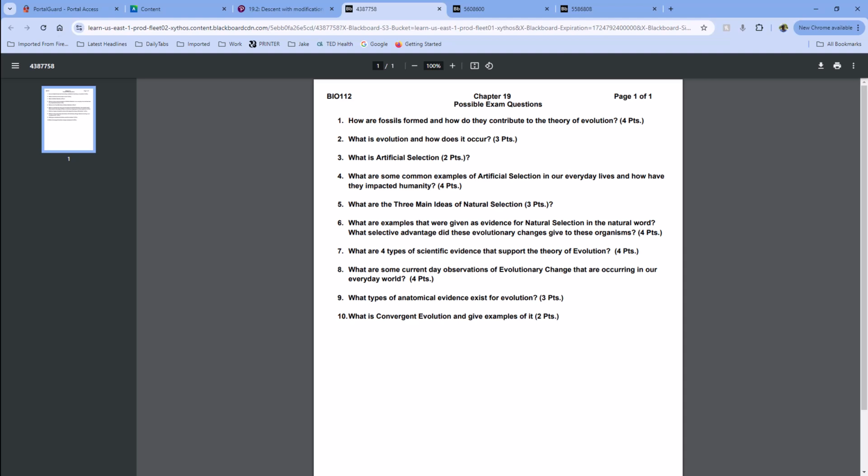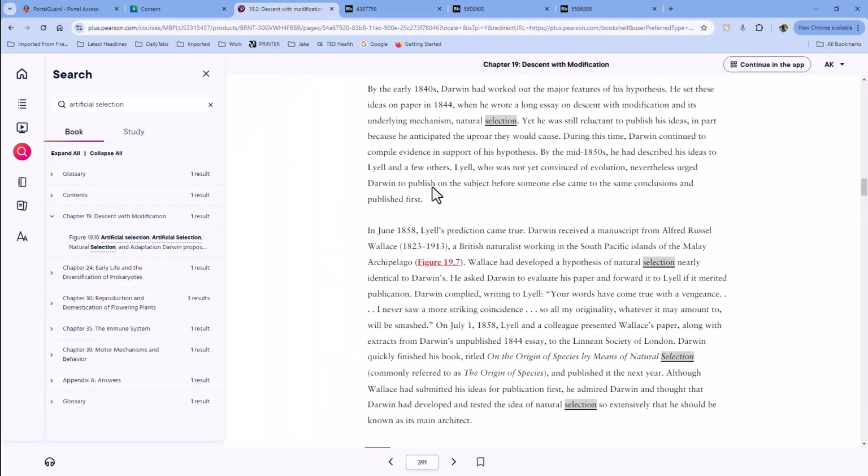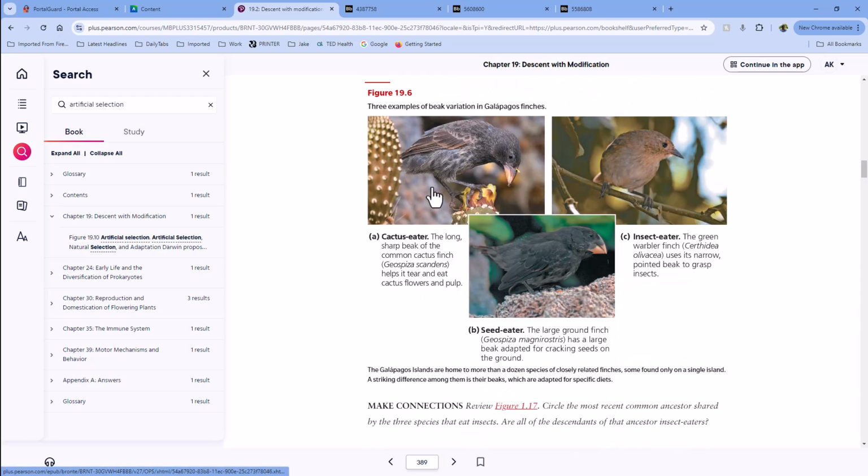And then what are examples that were given as evidence of natural selection? The biggest one are Darwin's finches, which we saw back up here. In chapter 22, we mentioned the flightless birds that they found in Galapagos, the tortoises. Another very classic example of natural selection are the moths.